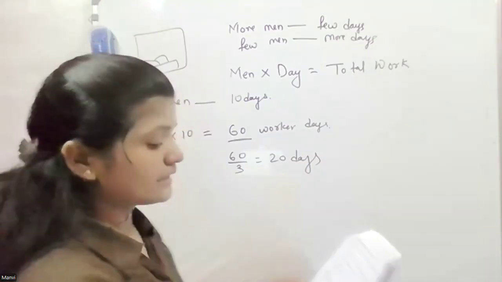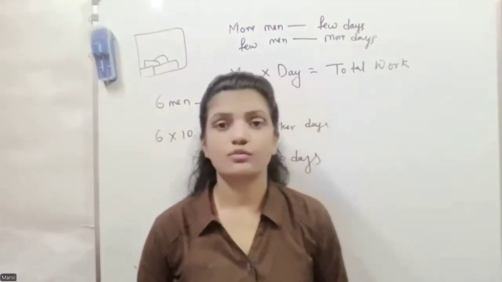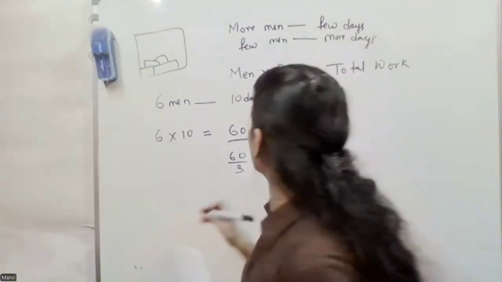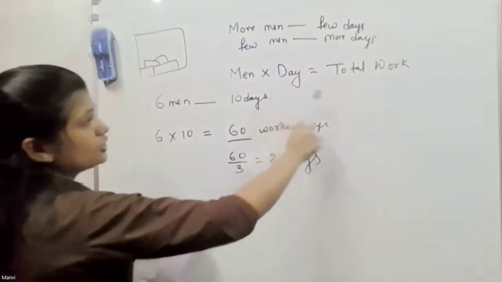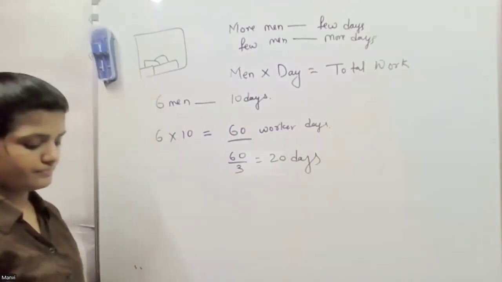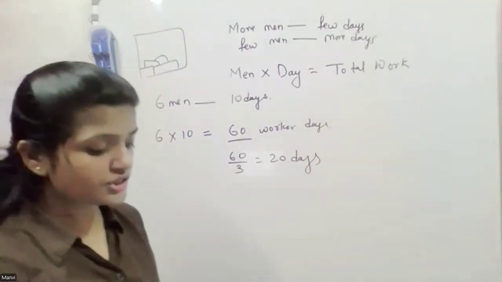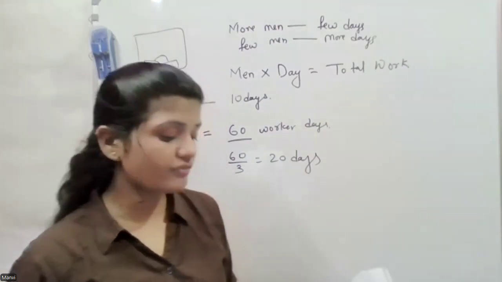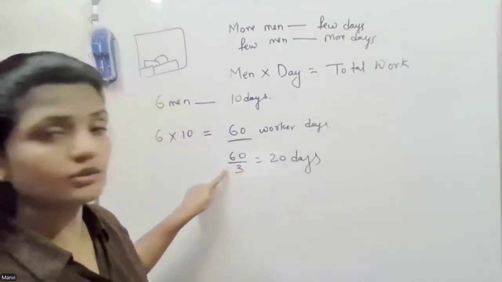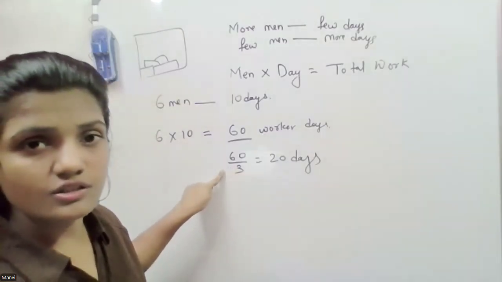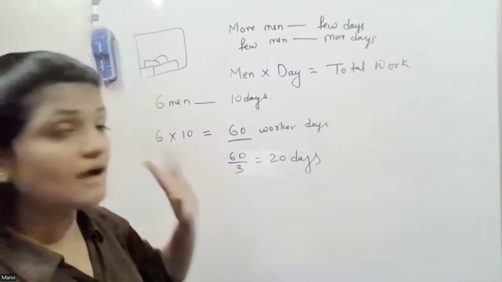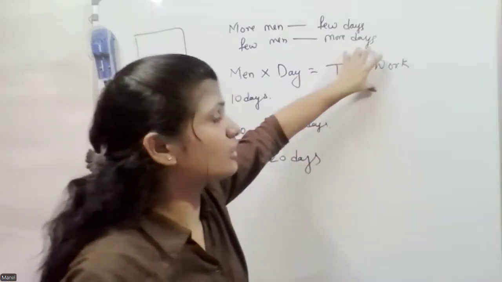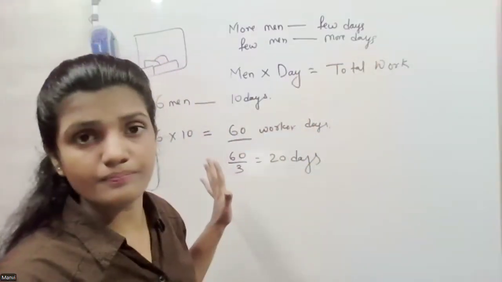So first keep these things in mind. Number 1, multiply the number of men with the number of days to get the total amount of work. If the question asks for the number of days, as here, our first approach is to calculate the total working days, the worker days.